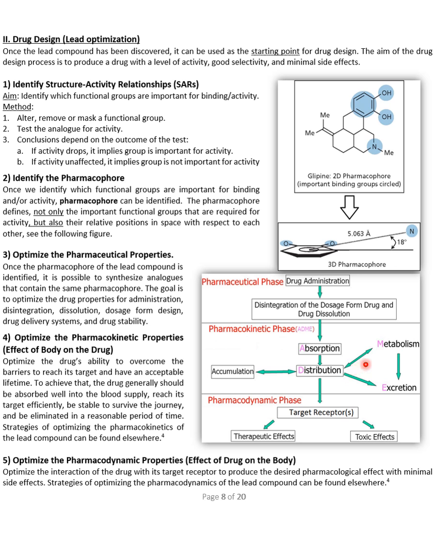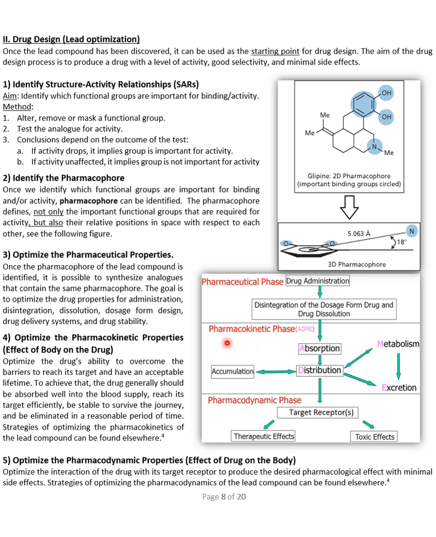Or it could be going through the liver, metabolized, and the resulting metabolites could still be active, for example, so they would go back into distribution. And it could be excreted through the kidney, for example, or excreted in the stool, or it could be excreted after it's metabolized.